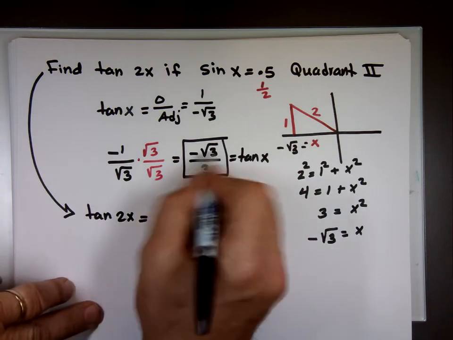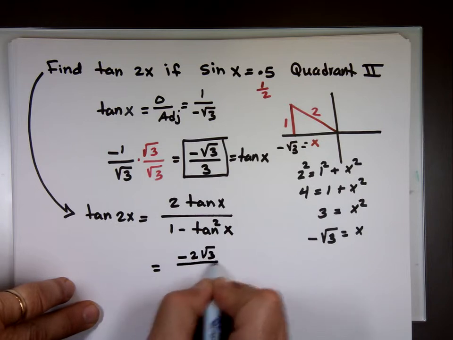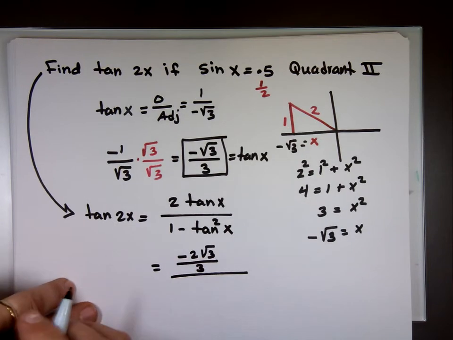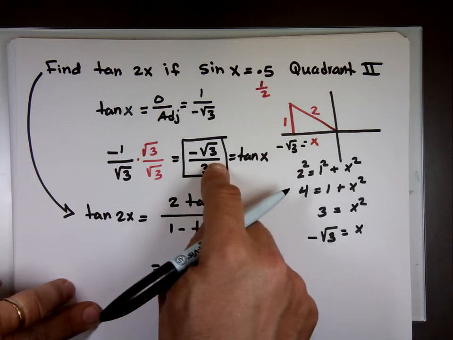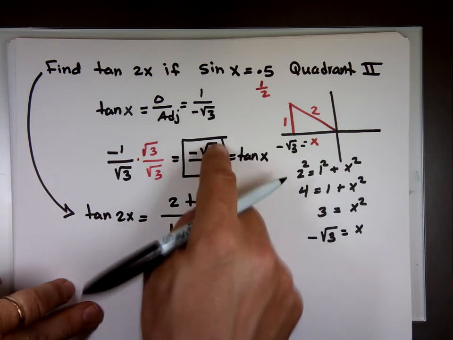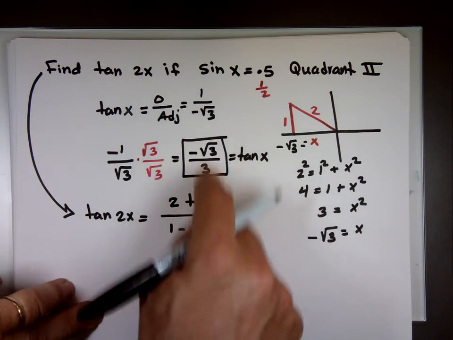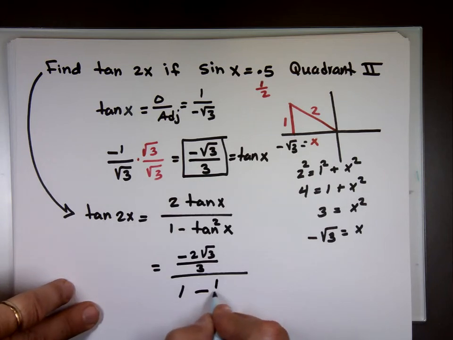2 times that number is negative 2 square root of 3 over 3, over 1 minus, and square that number. What do we have? 3 over 9 when you square that one. And 3 over 9 is what? 1/3.